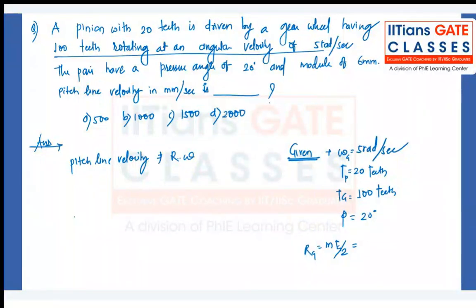Module is the same, 6 millimeter. 6 into number of teeth on the gear, 100, divided by 2. It is 300. Okay, so use this information and now calculate the value of pitch line velocity.